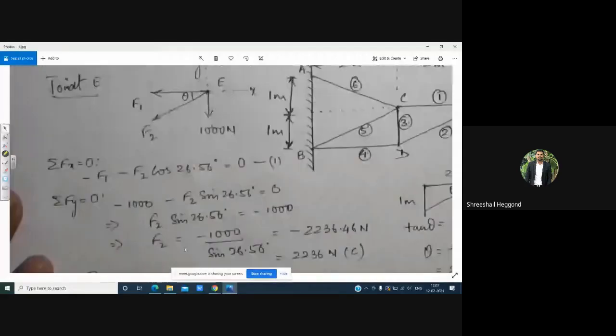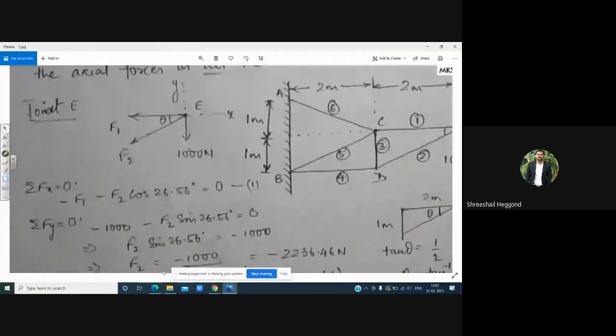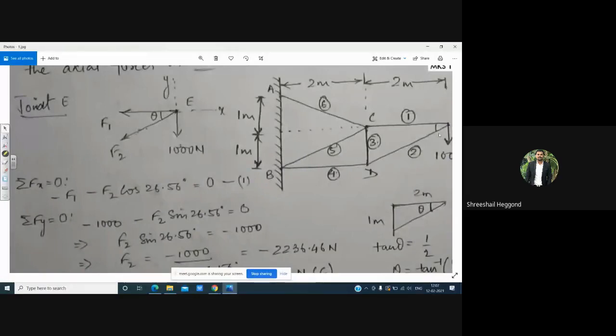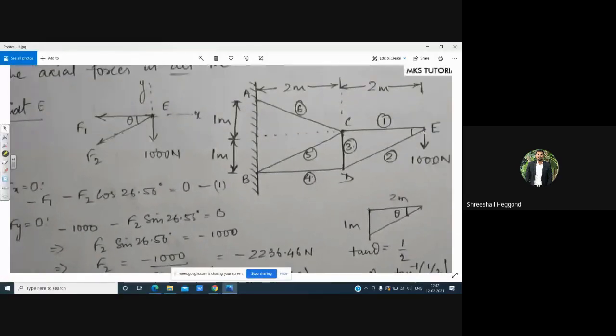Summation of Fx equal to 0 for only the joint E. Here, summation of Fx is the horizontal force in member CE and the horizontal force because of member ED. The angle is calculated.